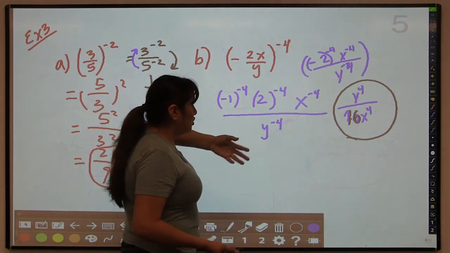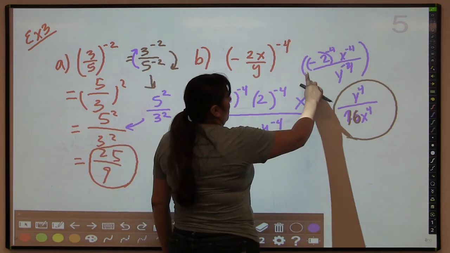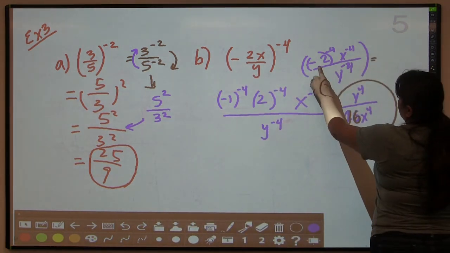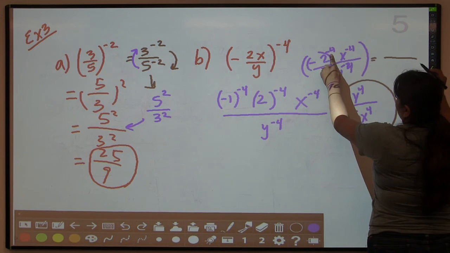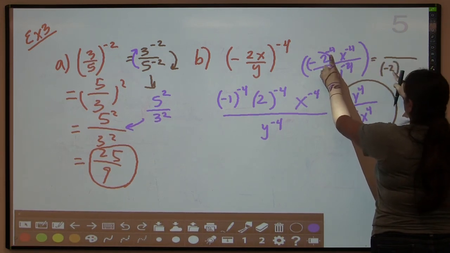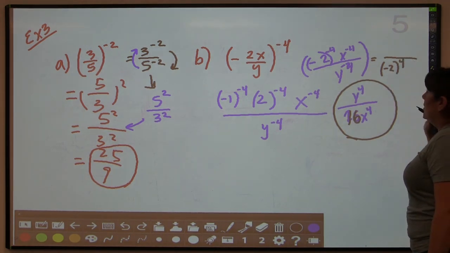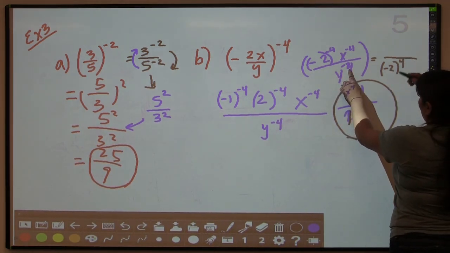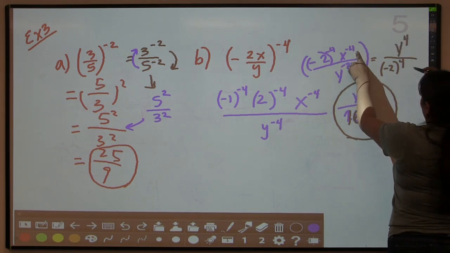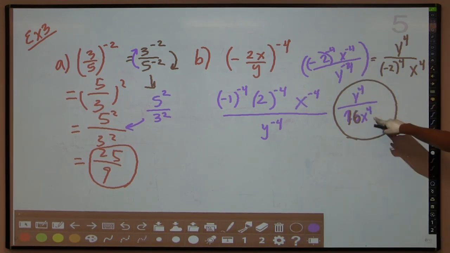So again, to show your work, this negative 2 to the negative 4th power would go on the bottom. The 2 would still be negative, but the exponent would be positive 4. The y to the negative 4th would go to the top as a positive, and the x to the negative 4 would go on the bottom as a positive, which is what you see in his answer, y to the 4th, x to the 4th.